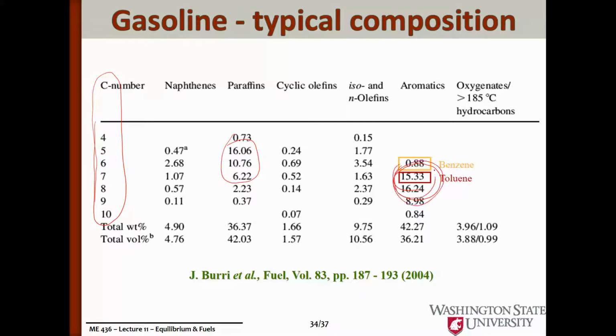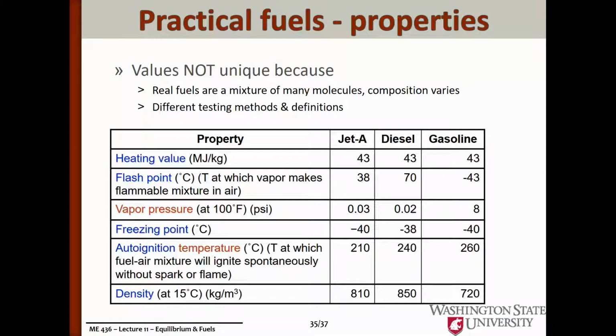So these are the volatile compounds that you add in the winter to reduce the evaporation temperature, and then these are the lightweight, easy to manufacture from anything fuels. But it's a mixture of a whole lot of things, and they can dial in all of these based at the refineries. This is what the refineries are focused on producing.